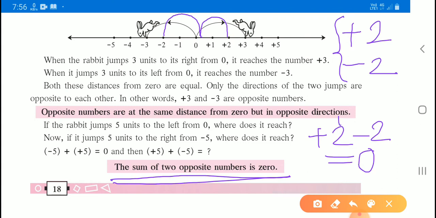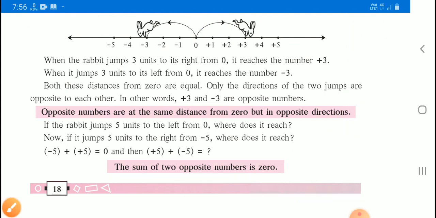The numbers should be equal, means plus 2 and minus 2, or minus 5 and plus 5. The sum of two opposite numbers is 0. Keep in mind. Now I will read the information given in your book.